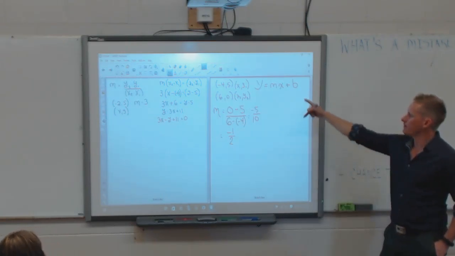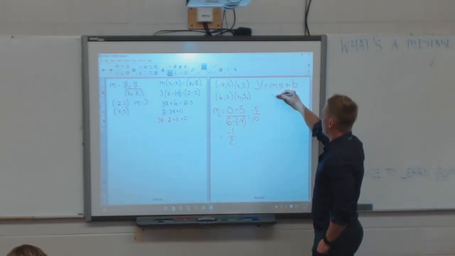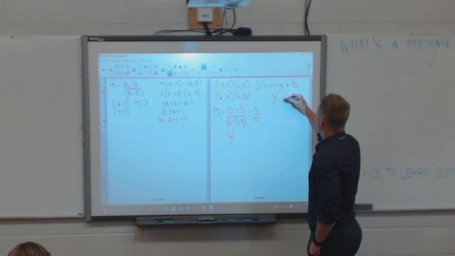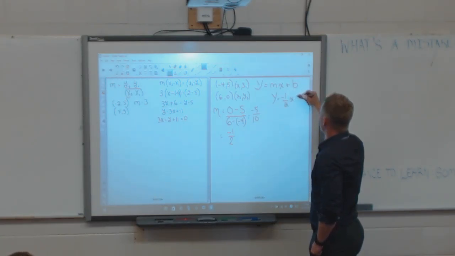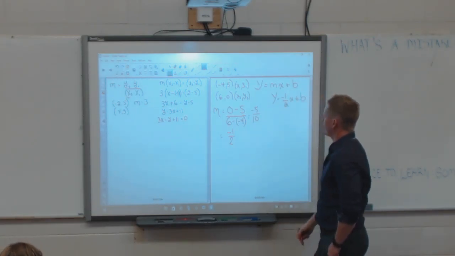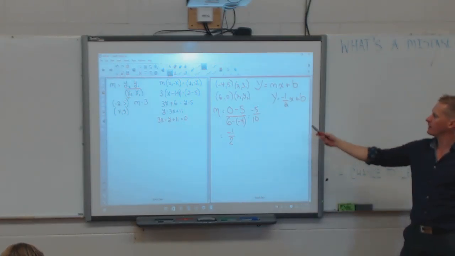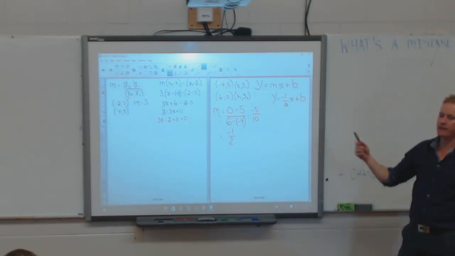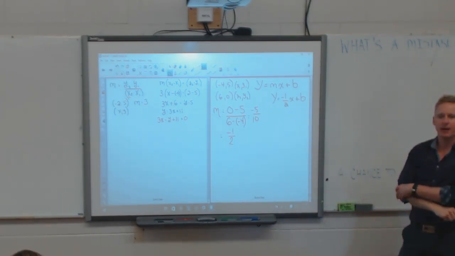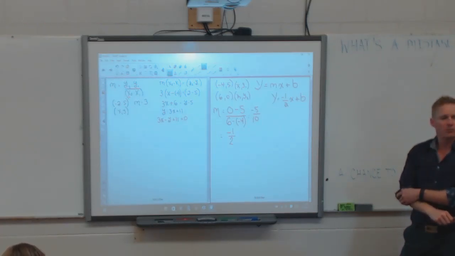So now I put that into my equation. y equals negative 1 over 2 x plus b. Does anybody remember what I did yesterday at this point to get the b value now? No?